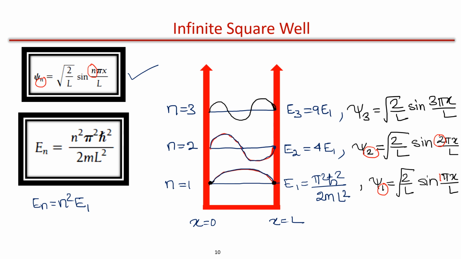So psi 1 has no node, psi 2 has one node, and psi 3 has two nodes. So the number of nodes is equal to n minus 1. Please note that as you go up in energy, each successive state has one more node. Here the number of nodes is 0, 1, 2 and so on.